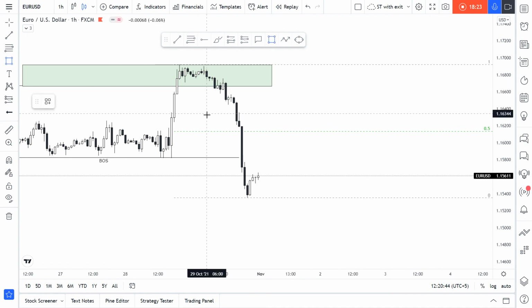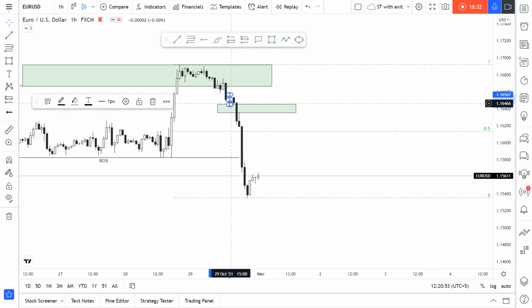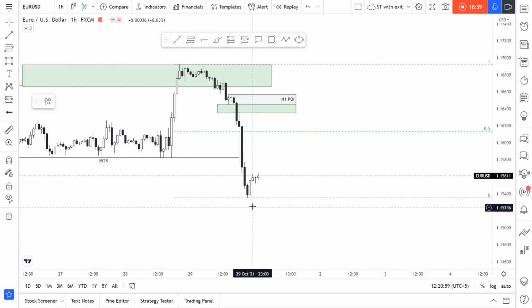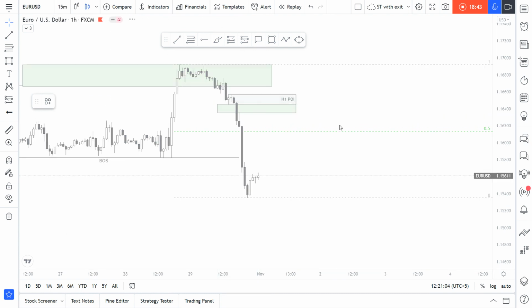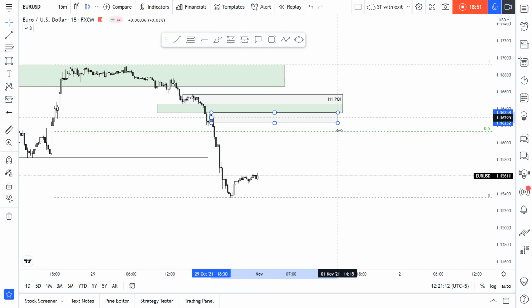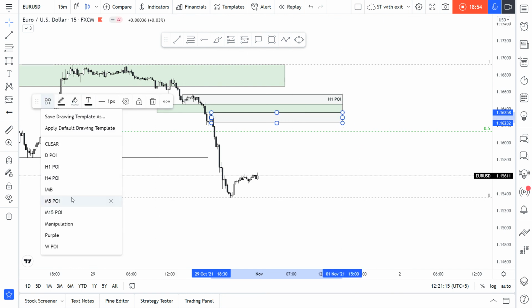We got maybe this one here. We have some imbalance. We got some last push to the upside before we broke with strong impulse to the downside. We also got this wick over here. This might also be a level where the price can react to the downside.